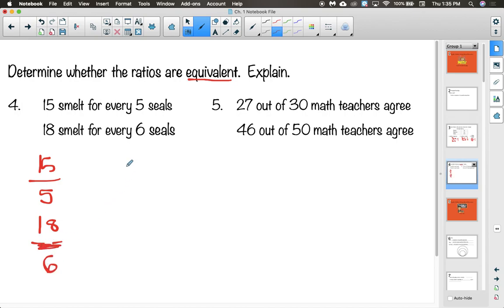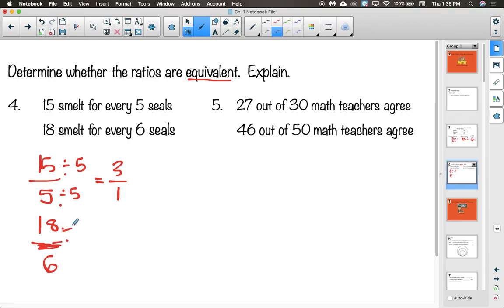All right, so one way we can do this, remember equivalent ratios, they simplify to be equal. They simplify to the same ratio. So I can simplify my ratios and see what I get. I can simplify 15 to 5 by dividing by 5. And I get 3 to 1. So my simplified ratio would be 3 smelt for every 1 seal. Let's see if I get the same thing here.